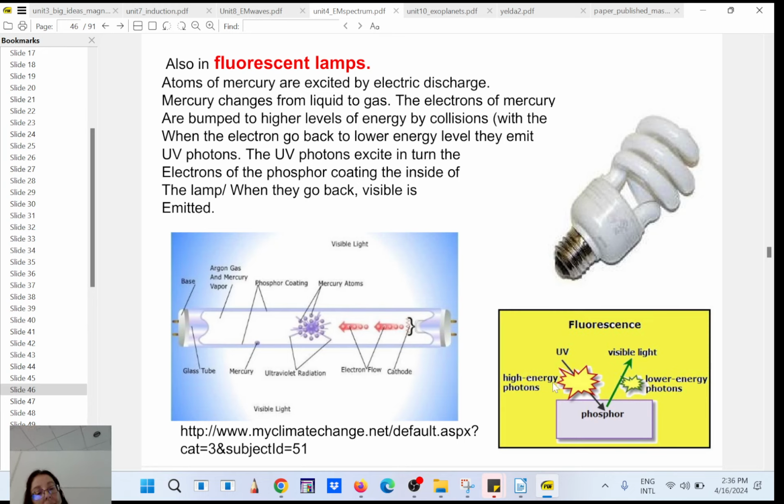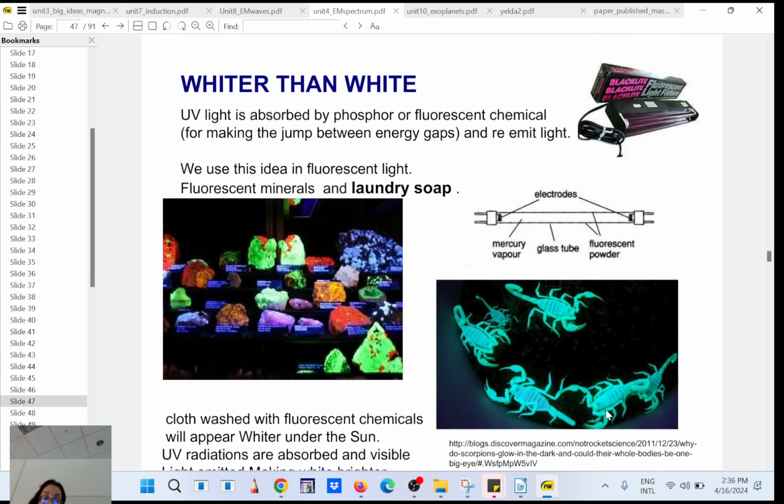UV is a high-energy photon. When electrons go back to a lower energy level, they emit a UV photon. So the UV photons are emitted by the mercury electrons, and then they are absorbed by the phosphor, which re-emits visible light.